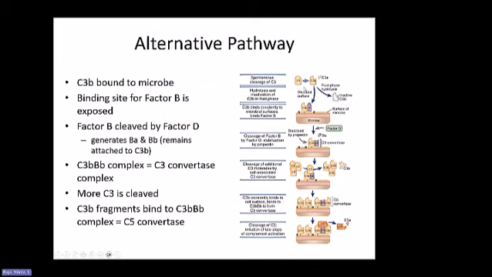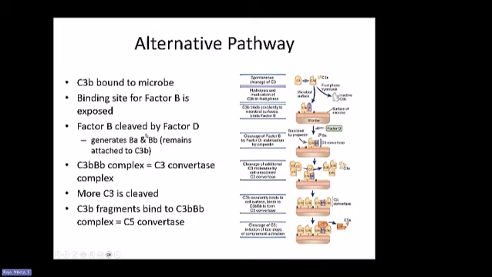So when C3b is bound to a microbial surface, it becomes a binding site for factor B. As factor B gets attached, factor D comes along in helping, and that part is stabilized by properdin. And so C3 continues to be cleaved to C3a and C3b.